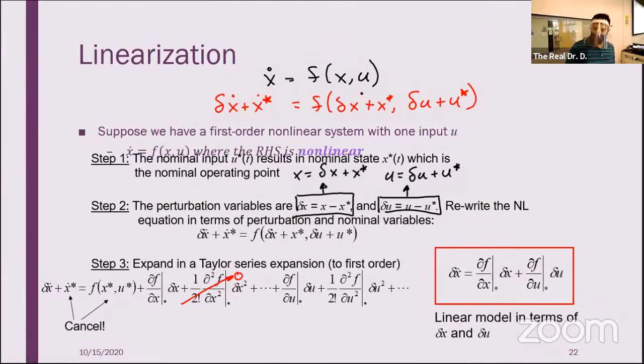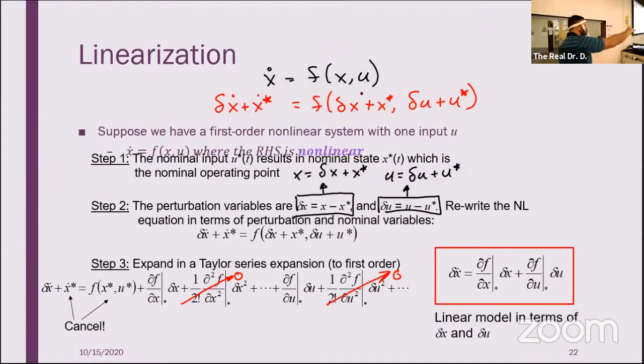But I also have to do the same thing for my input: take the partial of my function with respect to my input and evaluate it at the nominal point. If I do these things, I will end up with the equation in the red box. This is a linear model in terms of delta x and delta u.